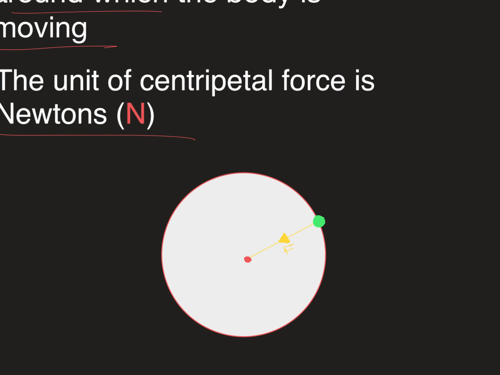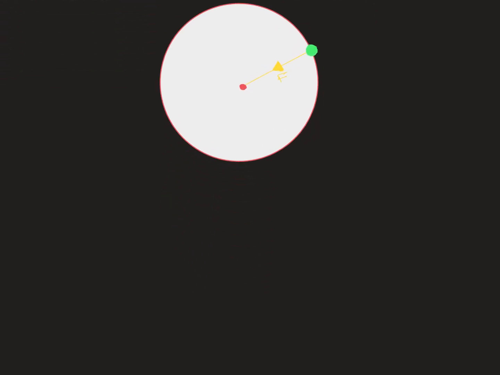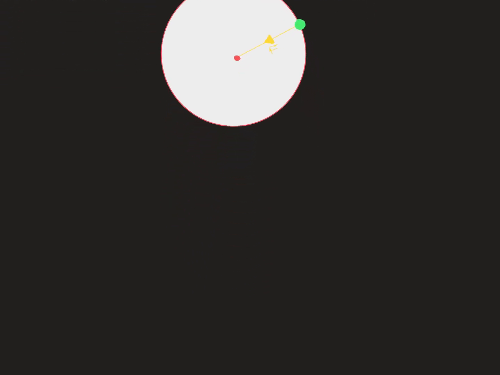But once the string is suddenly cut, the object loses its centripetal force, and therefore it has to go in the direction of the tangential velocity. You know that the tangential velocity is always tangent to the circle, and it will move straight instead of moving in a circle. So we're going to use Newton's second law of motion to derive the equations for centripetal force.